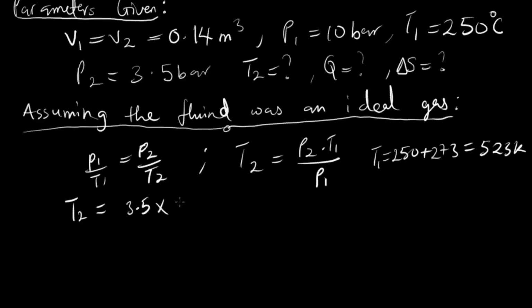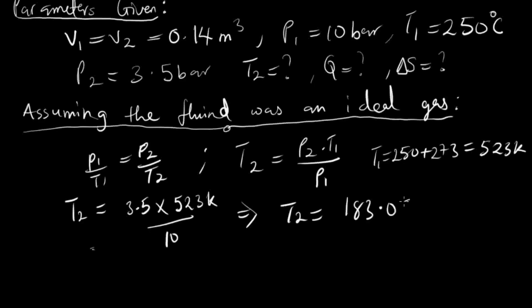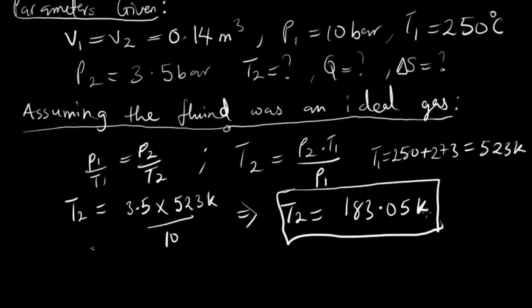The bar will cancel out, so there's no need writing it. So this gives us T2 equal to 183.05 Kelvin. Let's mark it this way because we'll refer back to it.